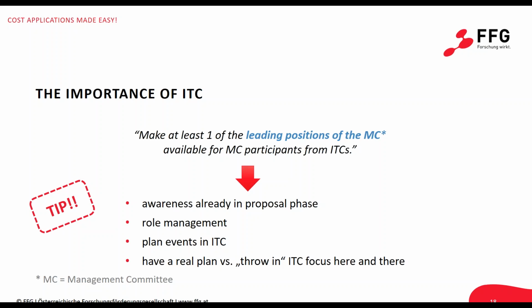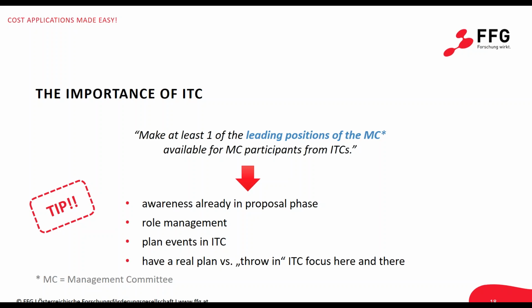Who are the partners which take on which role, and who of your ITC partners would you see in a leading role? So think a bit about this role management, who could be in charge of what already in the proposal phase, and include in the proposal at least that you are aware of that and that you will consider that.